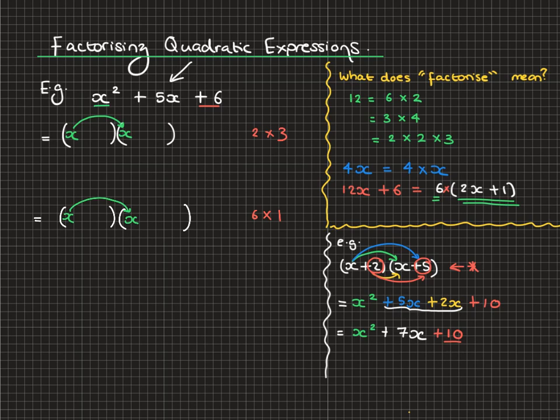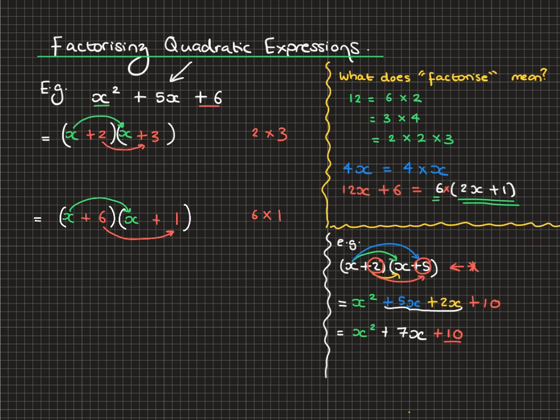Now in the first pair, I'll put in a +2 and a +3, and we know that these multiply together to give us the 6 that we want. In the second example, I'll put in a 6 and a 1, because again, 6 and 1 multiply together to give us 6. But only one of these answers is going to be the correct factorization, because there is only ever one true, unique factorization that works.